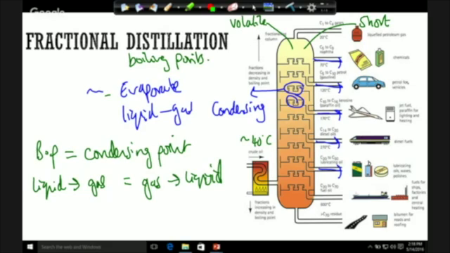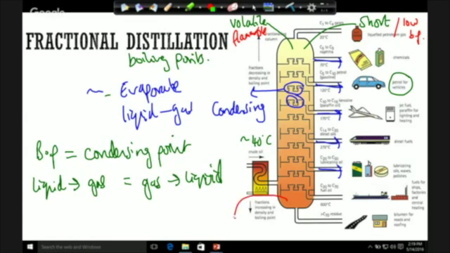You can see here petrol is quite near the top of the tower, and if you go to a petrol station you'll smell the petrol because you'll smell that liquid turning into a gas really easily. Because they are volatile, they are also particularly flammable, so they ignite easily, and the ones at the top are the ones with the low boiling point.